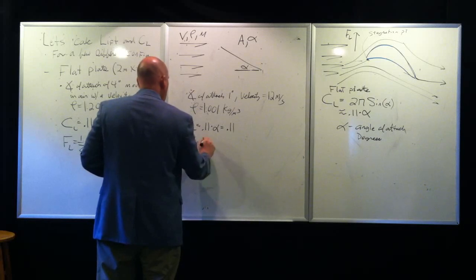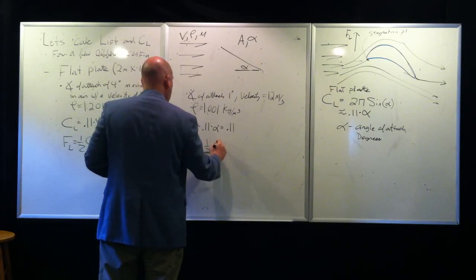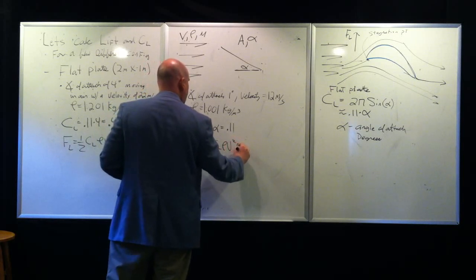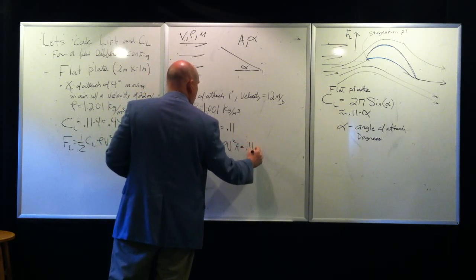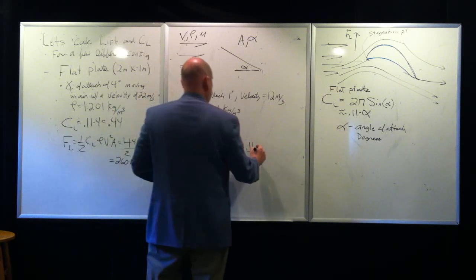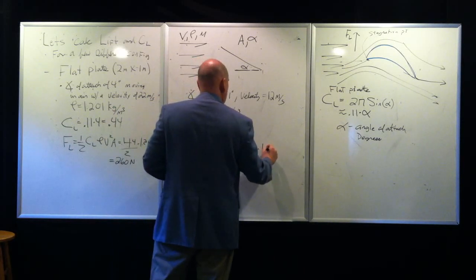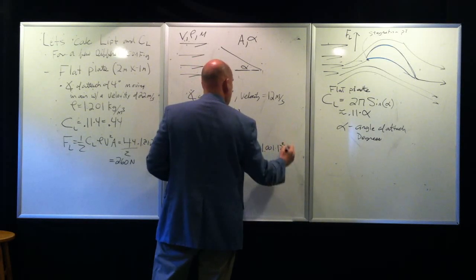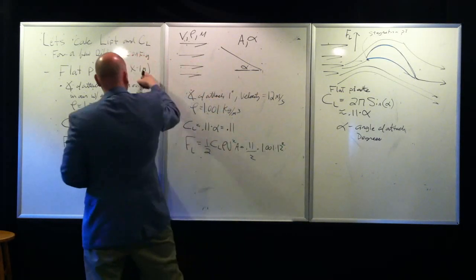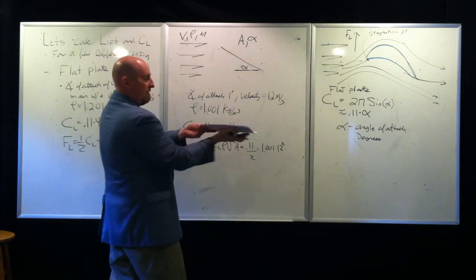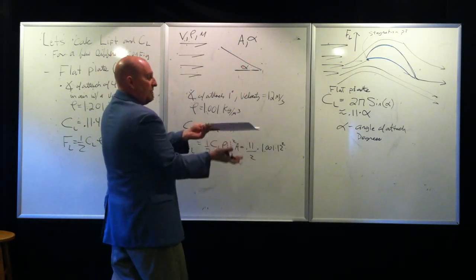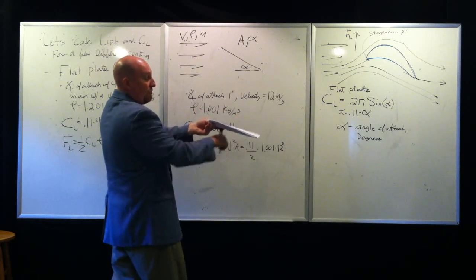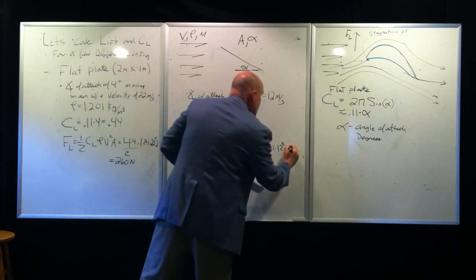Force of lift, 1/2 the coefficient of lift, rho v squared A. 0.11 over 2, the density in this case is 1.001, the velocity is 12, and we have to square that. And the area, again, the area of the profile, the area that's going to have the force pushed on it, making a stress, but we're looking at the force over this whole area, A, which is going to be 2.